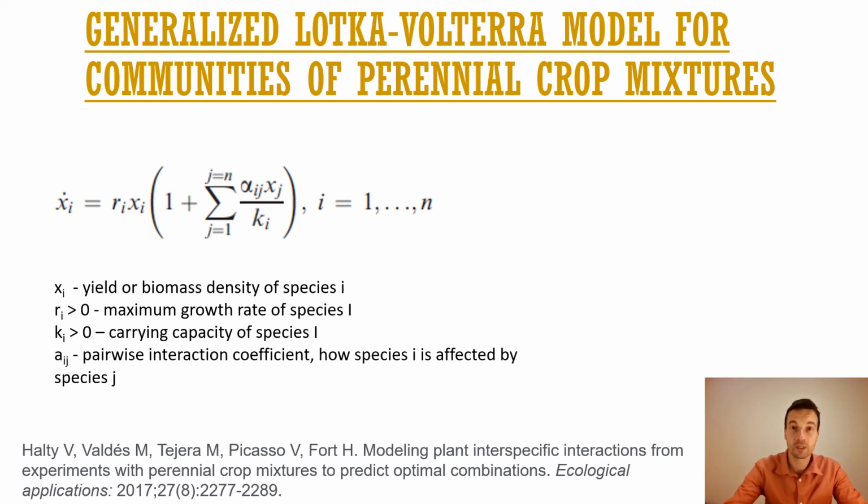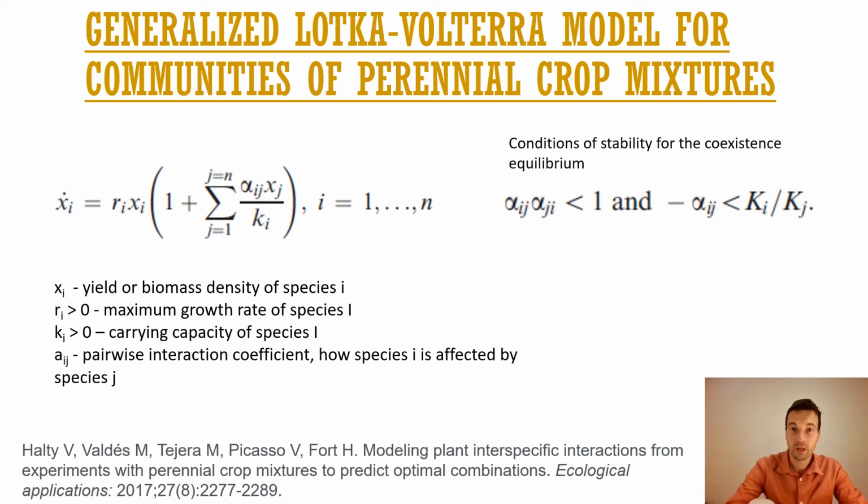But we can further limit the number of feasible combinations to test, for example, by analyzing seed price or management constraints. It can be potentially used to incorporate empirical information into a polyculture design algorithm or software.